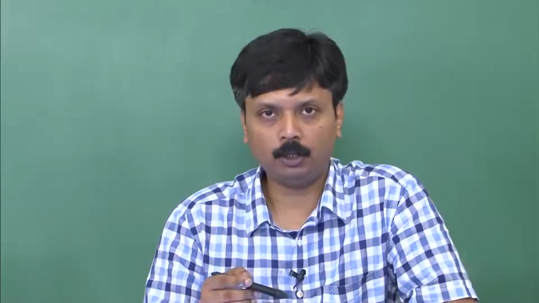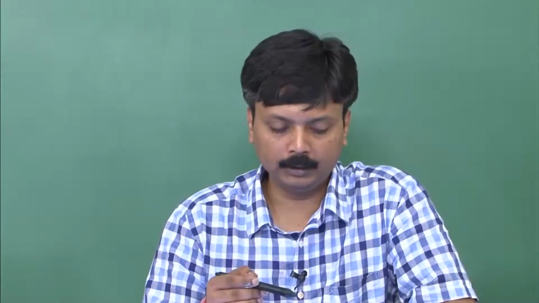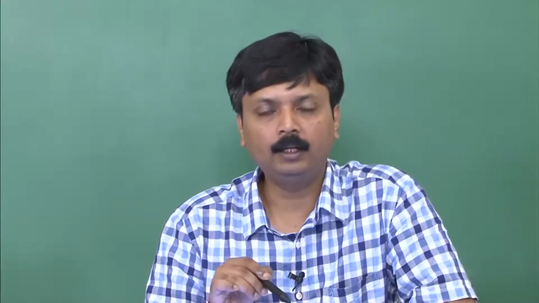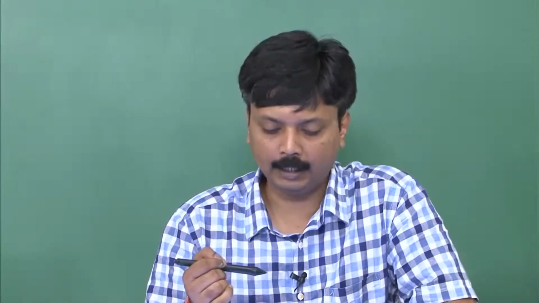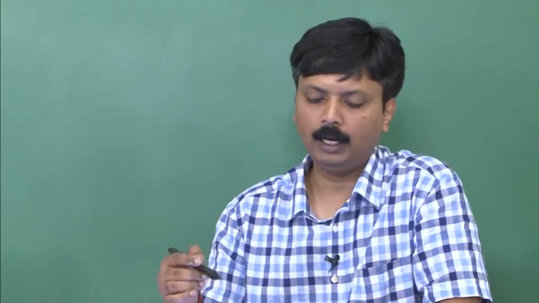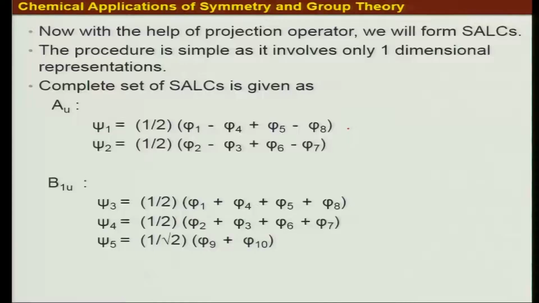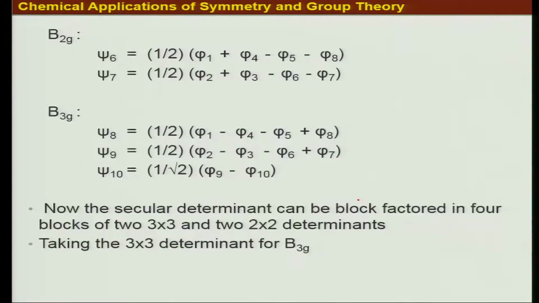Then we form the projection operators for those irreducible representations, find the SALCs that we can form, and normalize them, using the same concept that we used earlier. Altogether, out of 10 basis functions, you should get 10 SALCs, and we see that we get 10 SALCs.